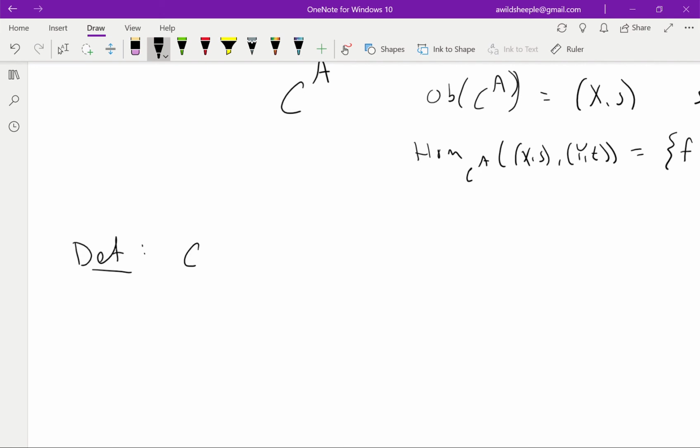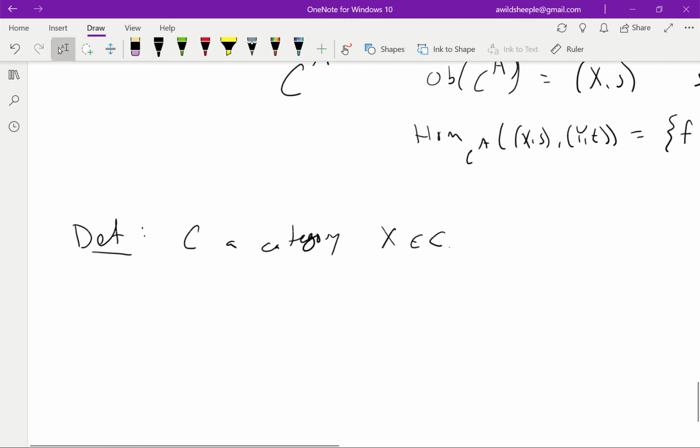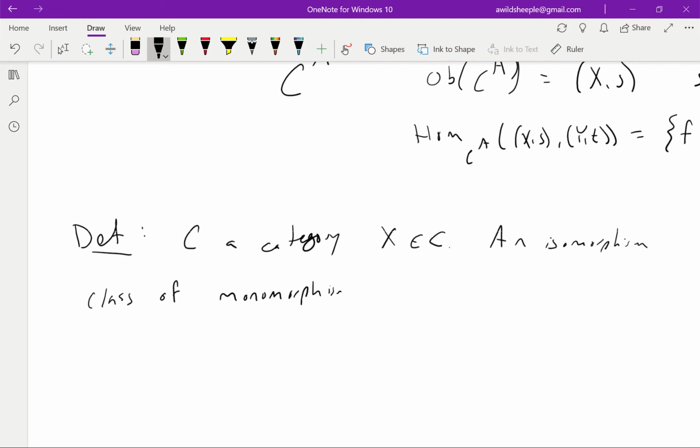So again, C a category, and let's set X to be in C. An isomorphism class of monomorphisms with target X is called a subobject.